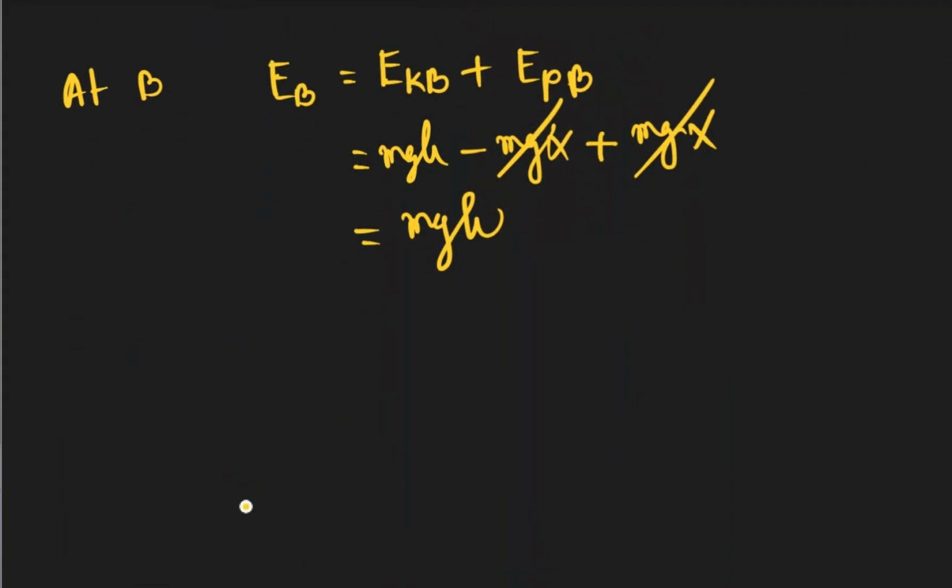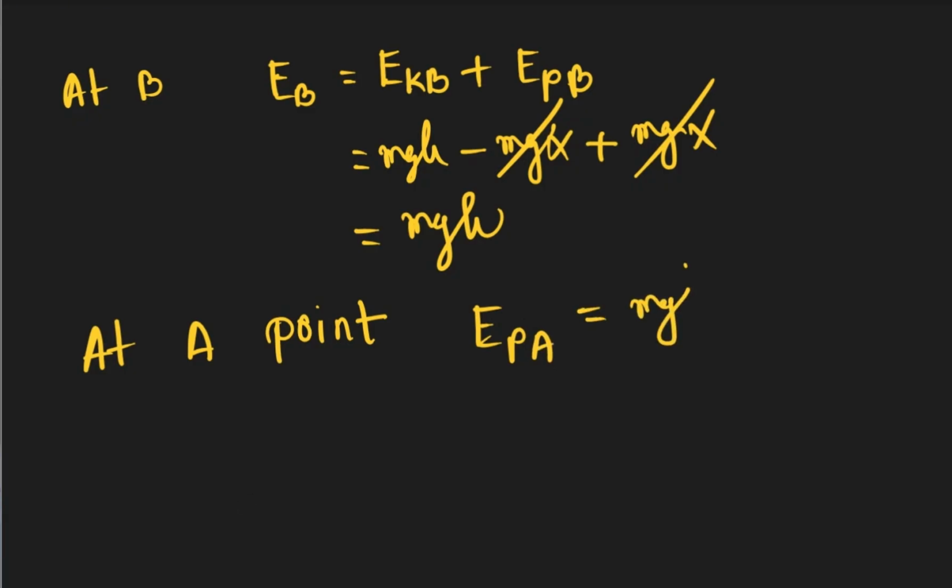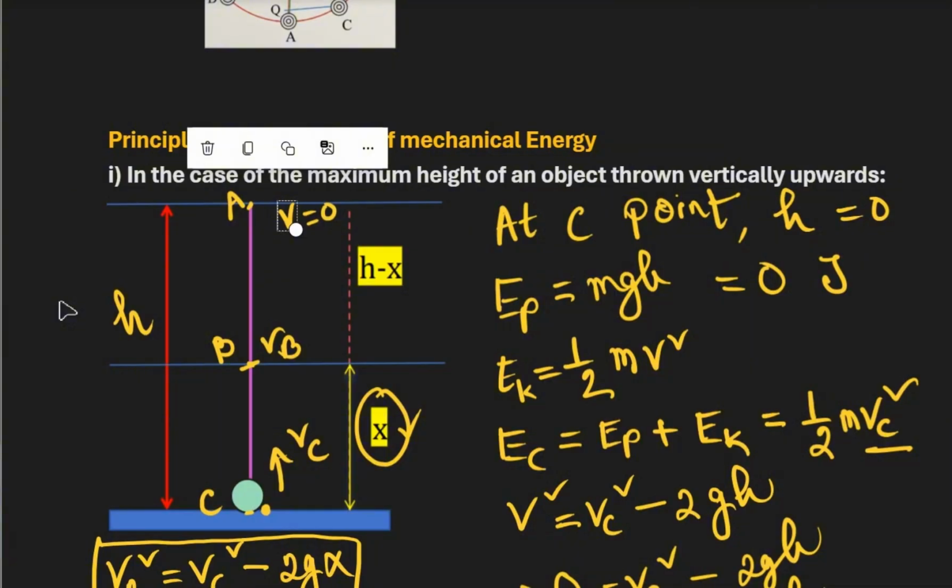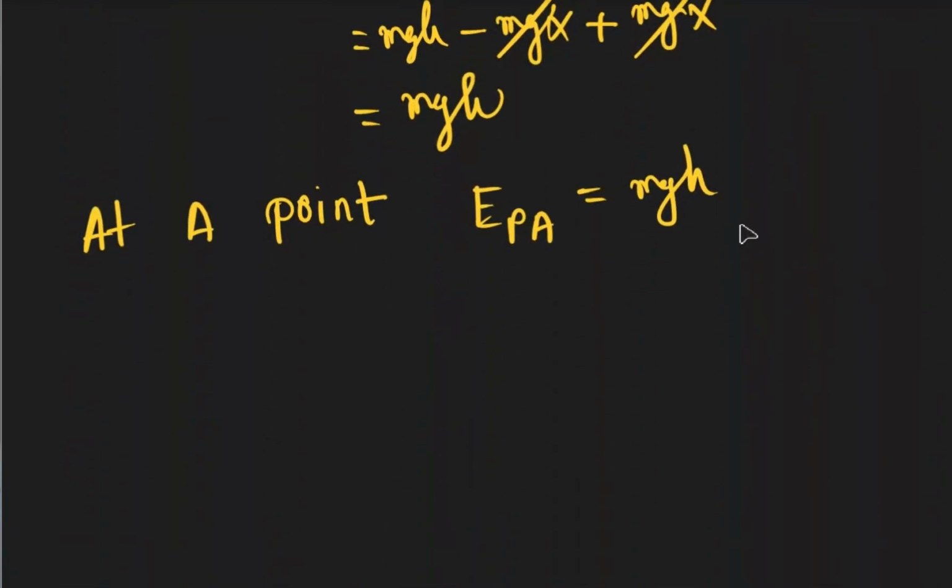Now it's time to calculate at point A. The potential energy EPA is equal to mgh. Of course the maximum height is traveled by this object, as the image represents from point C to point A. The mass is m and the maximum height is h.